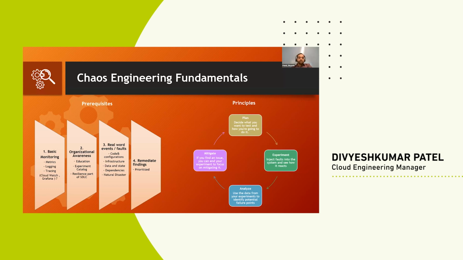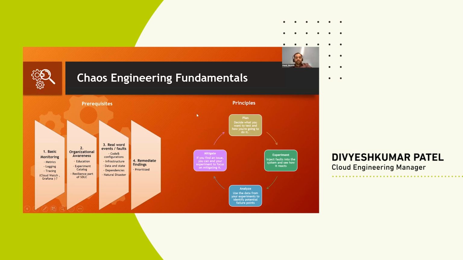Because if you find the issue and don't solve the problem, then your application will not be resilient enough. The goal of chaos engineering is to make your application resilient. So as you find any issue, you need to remediate it and do the chaos engineering again to keep your application continuously stable. So this is all a prerequisite, but the principles.